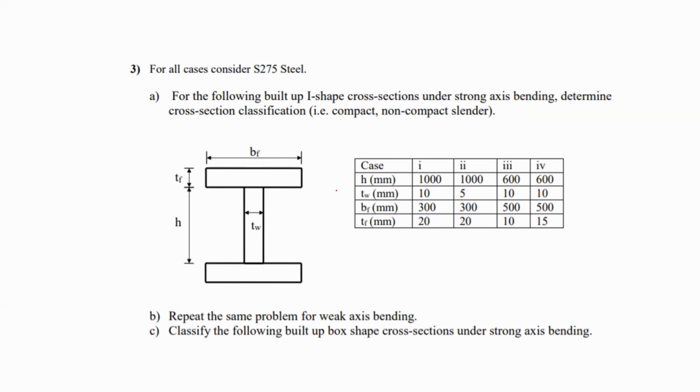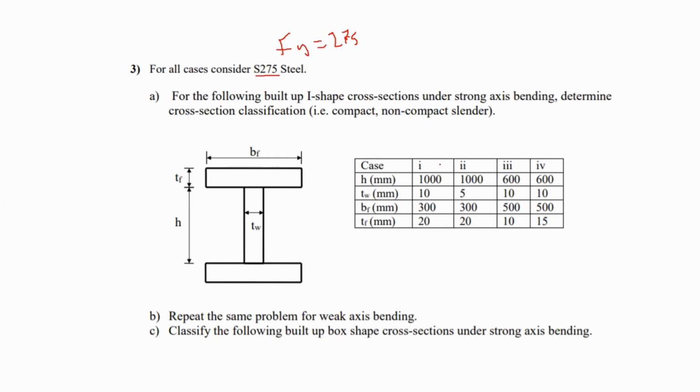Okay, now we continue with question number 3. In this question, it says for all cases, consider the steel is 275. It means that Fy is equal to 275 megapascal. For the following built-up I-shaped cross-section under strong axis bending, determine the cross-section classification: compact, non-compact, or slender.